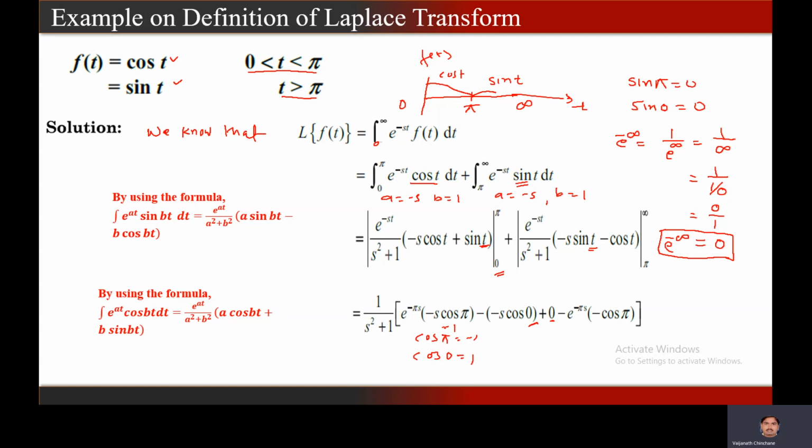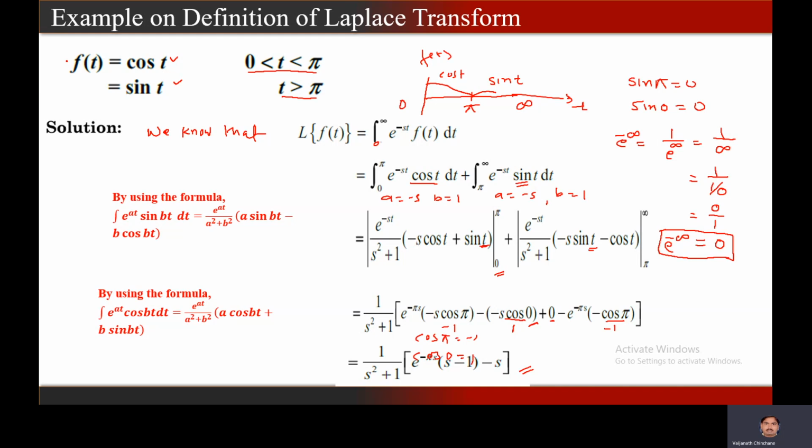It is minus 1 into minus, it is plus. This cos 0 is 1 into minus, minus. This cos pi is again minus 1, this plus, and the total becomes 1 upon s square plus 1, e raised to minus pi s in bracket s minus 1 minus 1. So this is the Laplace transform of the given function f of t.